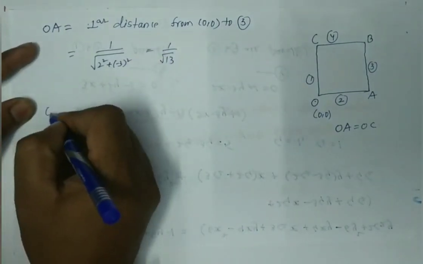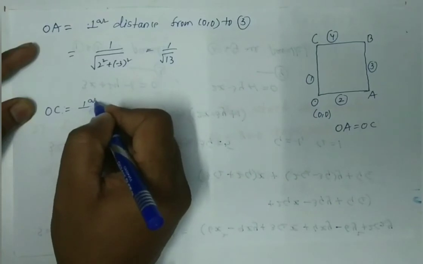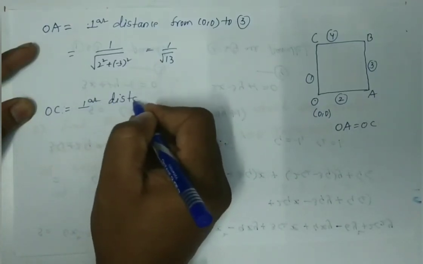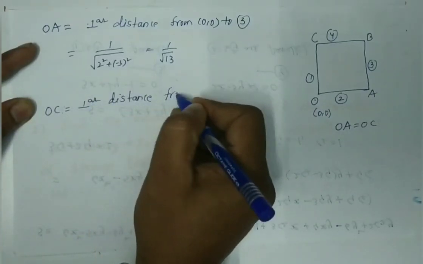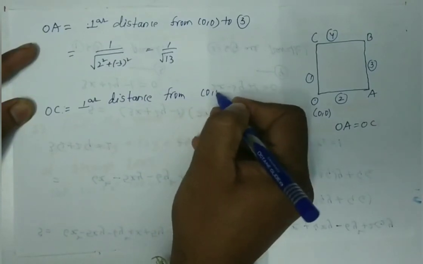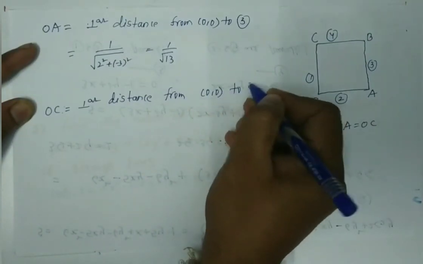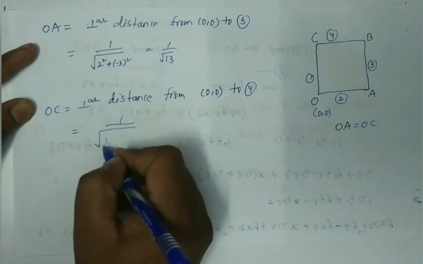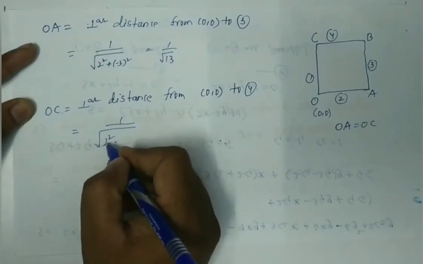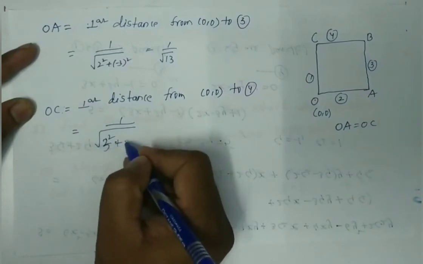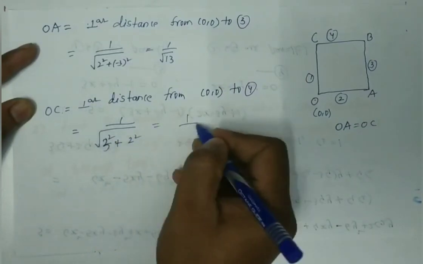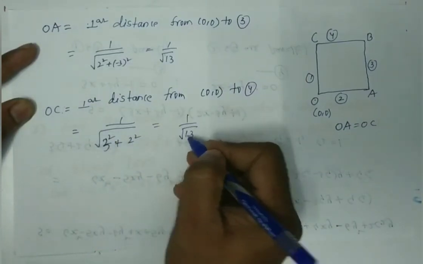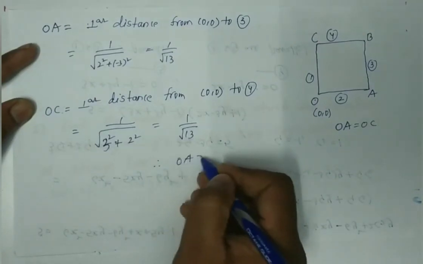Similarly, OC is the perpendicular distance from the origin to straight line 4, which is 1 by the square root of 3² + 2², that is 1 by root 13. Therefore OA is equal to OC.